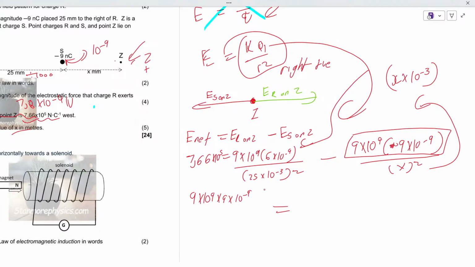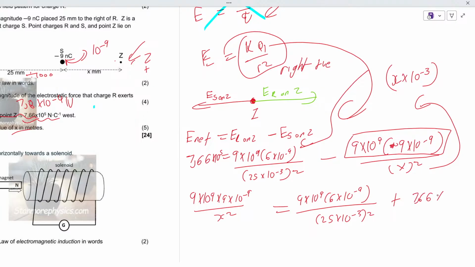Okay, I just put this one this side and took that one that side: 9 times 10 to the power 9, 6 times 10 to the power negative 9, and this one I just said 25 times 10 to the power negative 3. So there's going to be a lot of maths here.